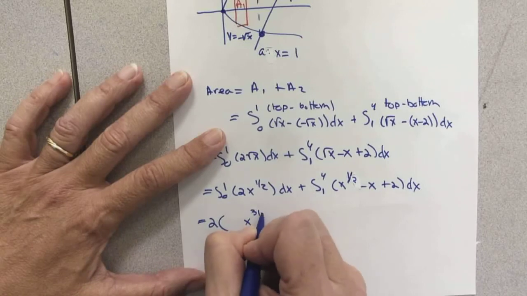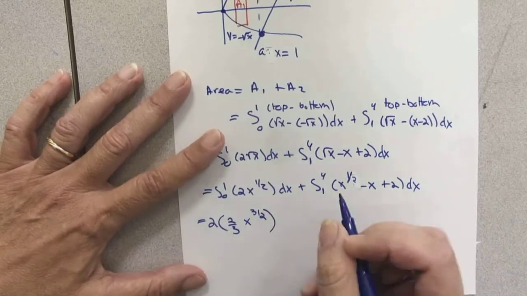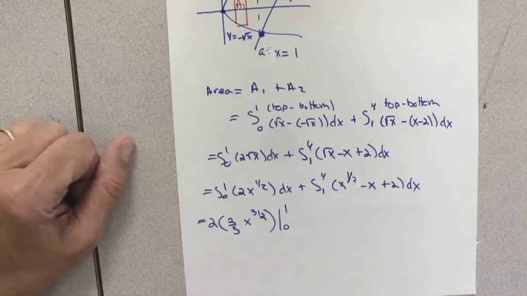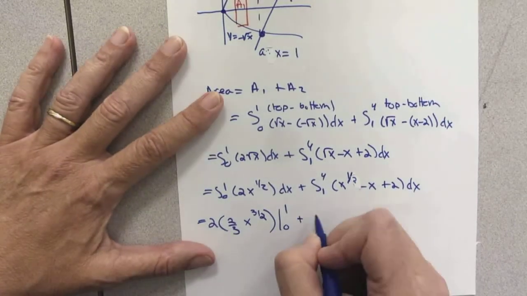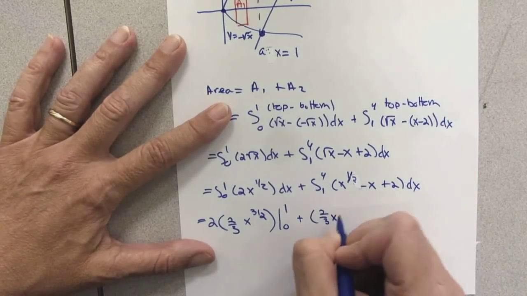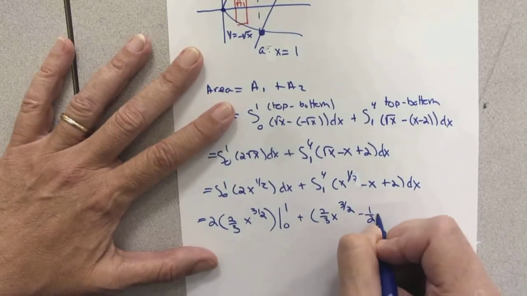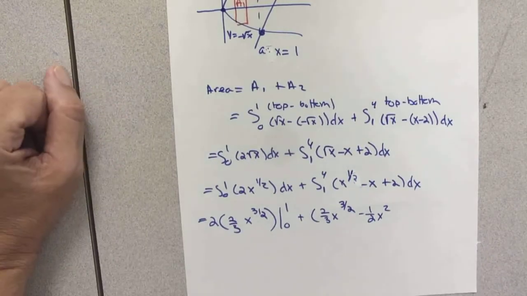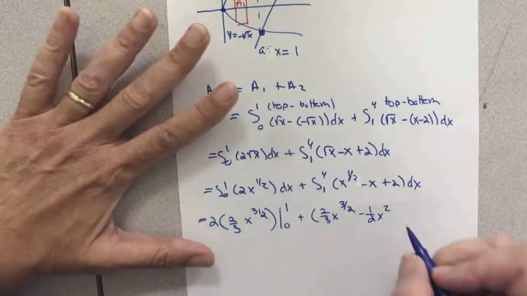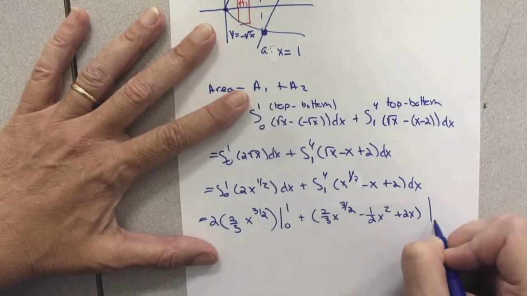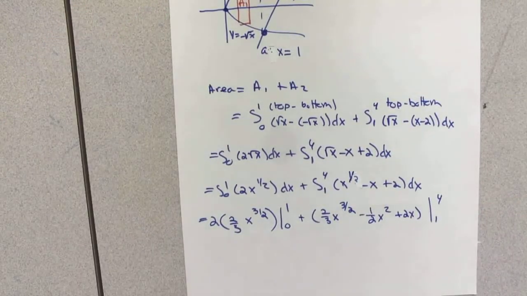Increase the exponent by 1. Multiply by the reciprocal of the new exponent. Evaluated from 0 to 1. Increase the exponent by 1, multiply by the reciprocal of the new exponent, and the antiderivative is 2x, evaluated from 1 to 4. And now it's just arithmetic, plugging in the 1 and the 0 and the 1 and the 4, and I will leave that all up to you.